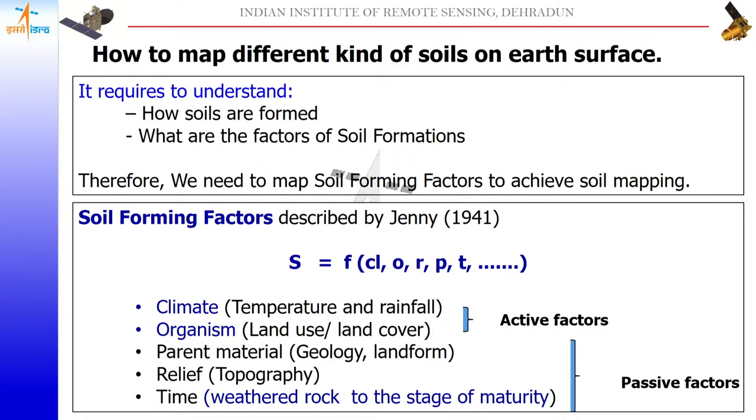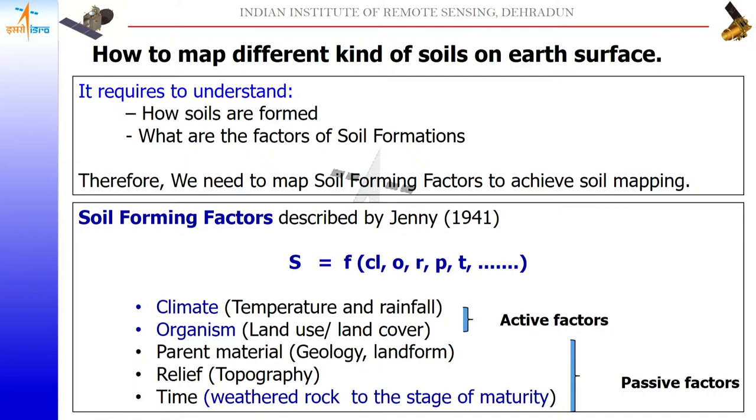The question then comes of how to map different kinds of soils on the earth surface. For that, it requires a full understanding of how soil has been formed in your area, and what were the factors responsible for soil formation.